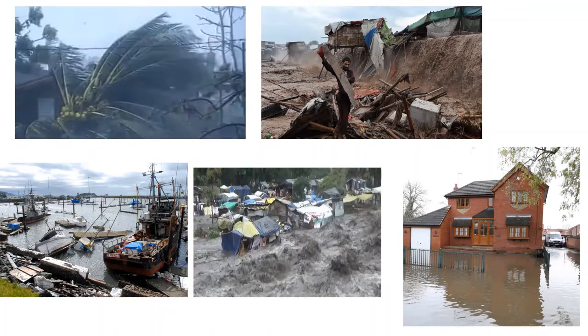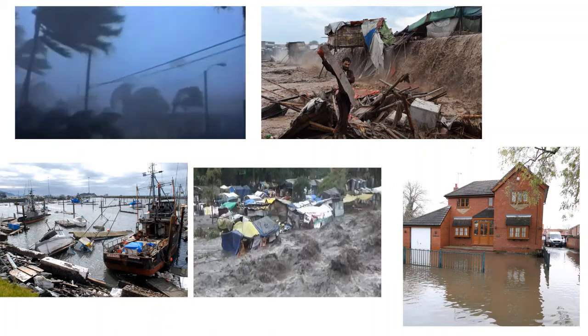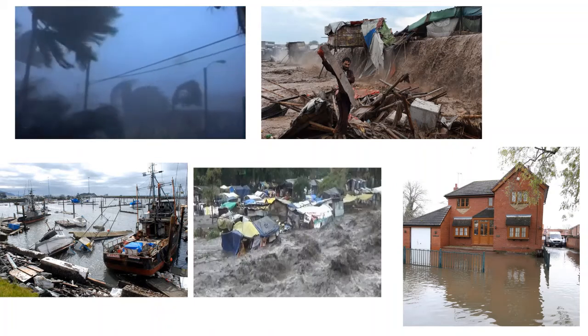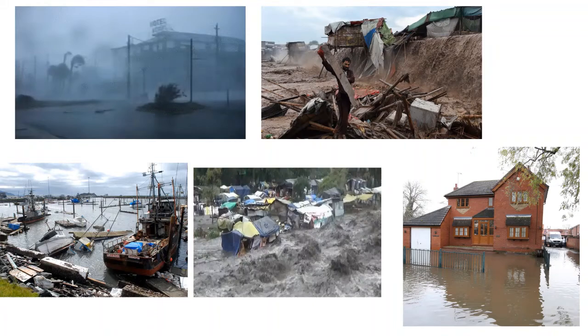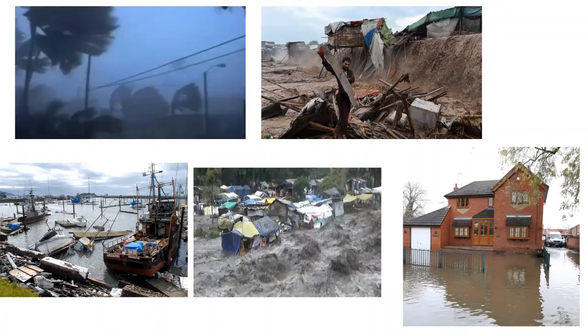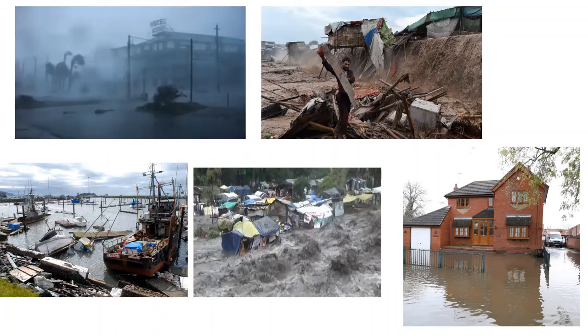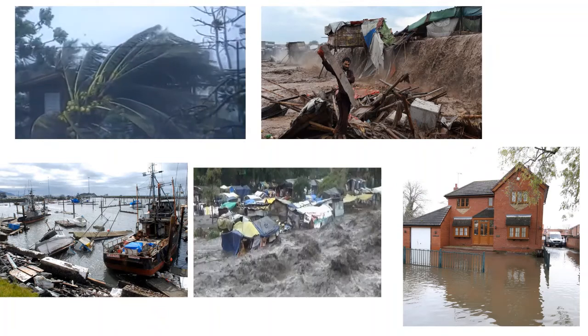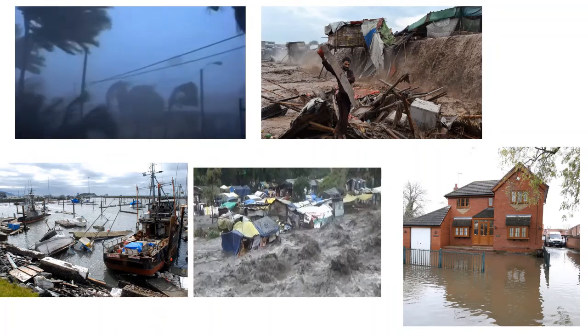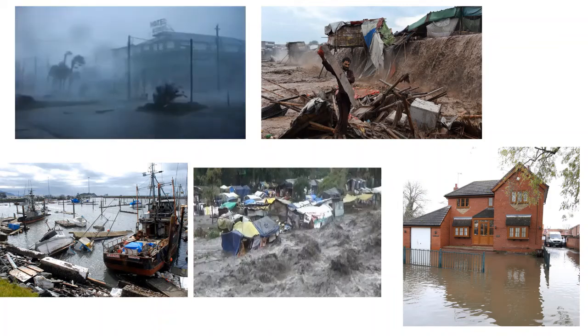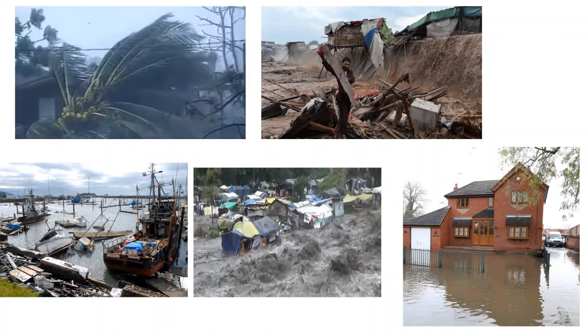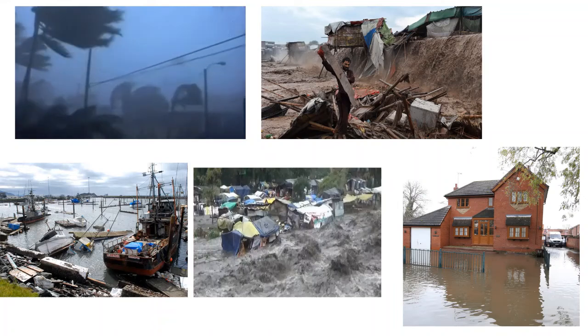Now, what about this house? Children, is it damaged? No, right? But why? Yes, you're right. The materials used to build this house is different and they are strong. Yes, very good.